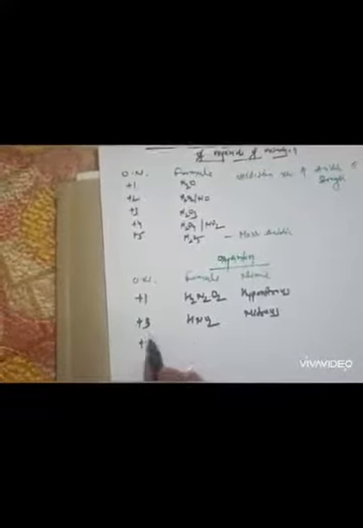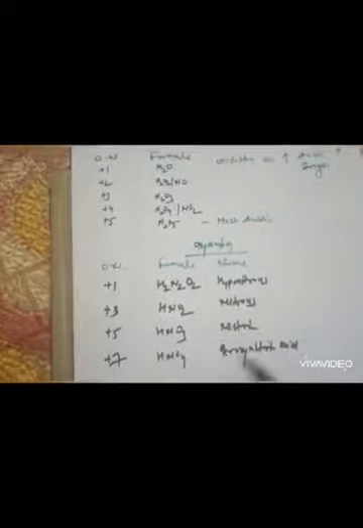Then +5, HNO3, is nitric acid. And +7 is very interesting, because nitrogen has 5 outermost valence electrons. Here the oxidation state is +7, but it is possible in rare cases. HNO4 is peroxynitric acid.